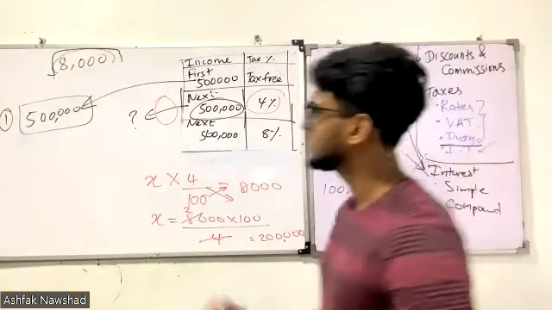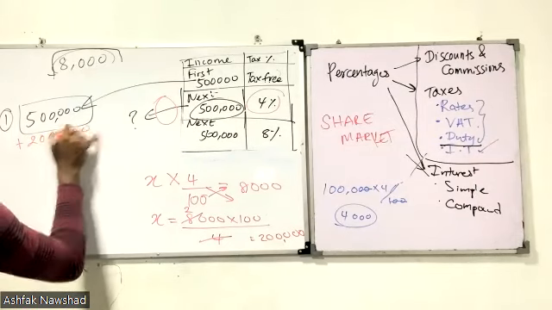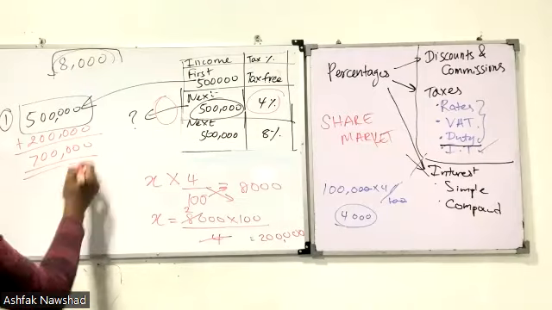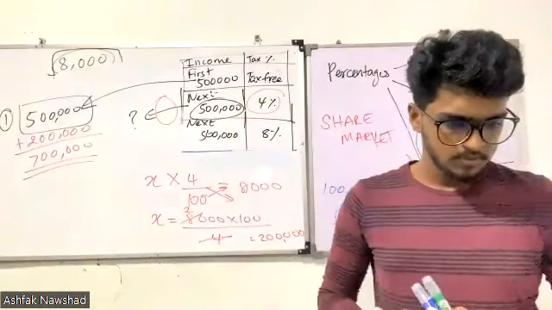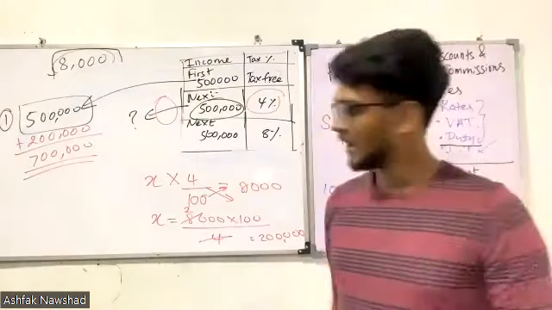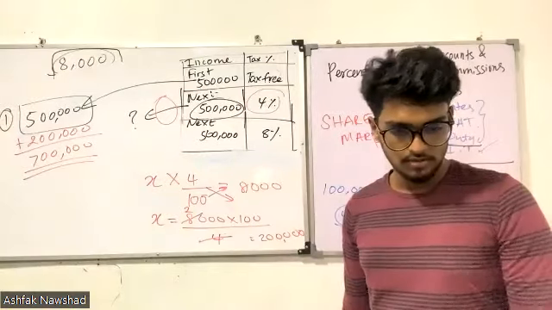So his total income is 500,000 plus 200,000, which is 700,000. I have received lots of answers, almost all of them were 700,000. Good to see you guys working. I know it's simple, but it still requires some knowledge, right? It's good.